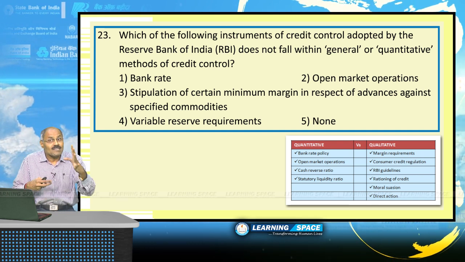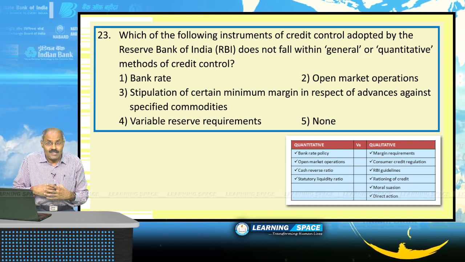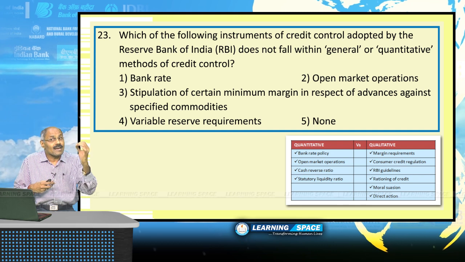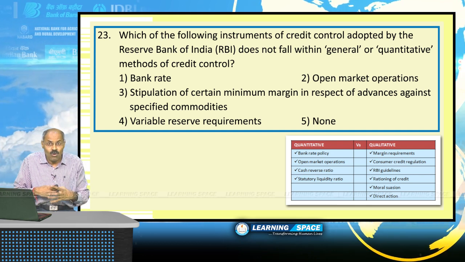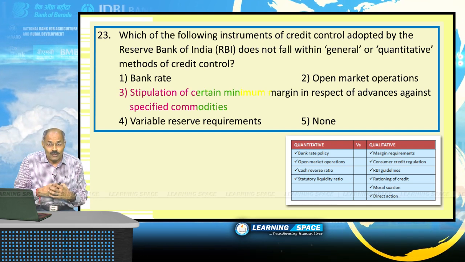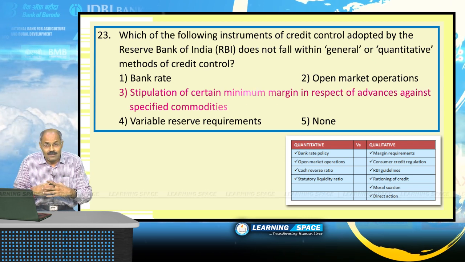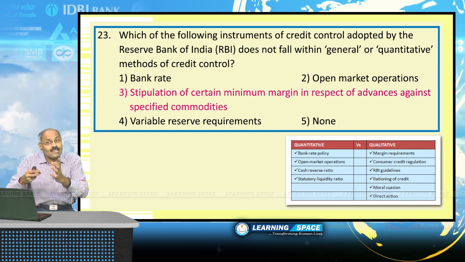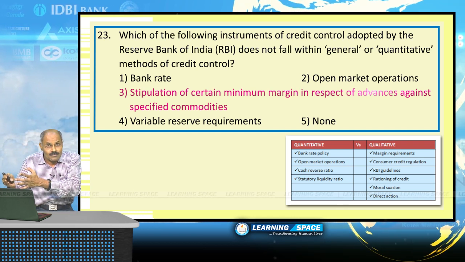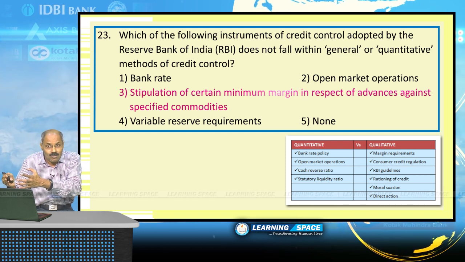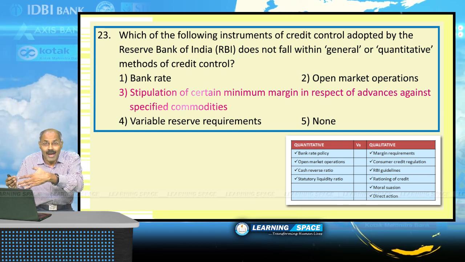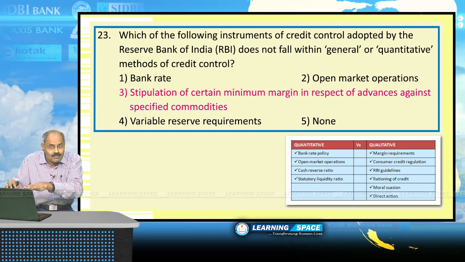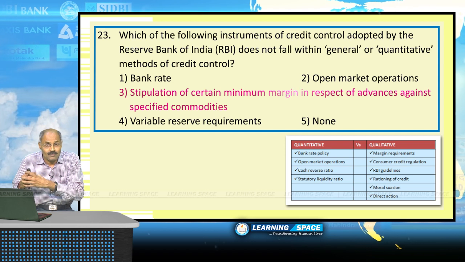That means at present you are getting 75% of the value of gold. Let us assume you are getting 75% of the value of the gold as a loan. Tomorrow RBI stipulates you should not give more than 60% of the value of gold. That is the qualitative credit control. Tomorrow if RBI instructs banks, please reduce the loan you are giving on gold, then that is qualitative credit control.